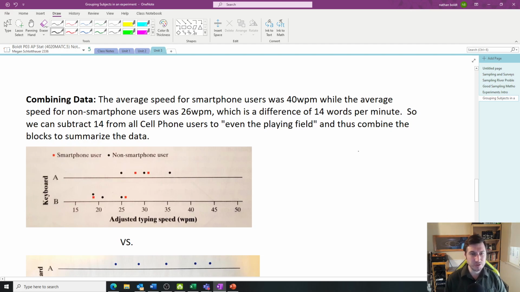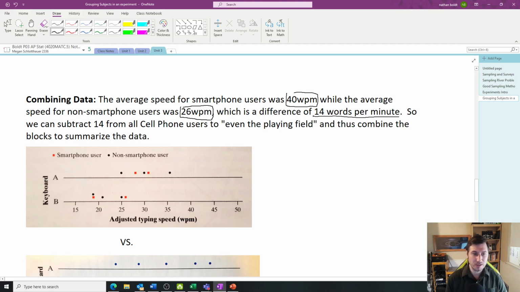So the average speed for a smartphone user was 40 words per minute, while the average speed for a non-smartphone user was only 26 words per minute, which is a difference of 14 words per minute. So that means on average, a smartphone user is 14 words a minute ahead of a non-smartphone user.